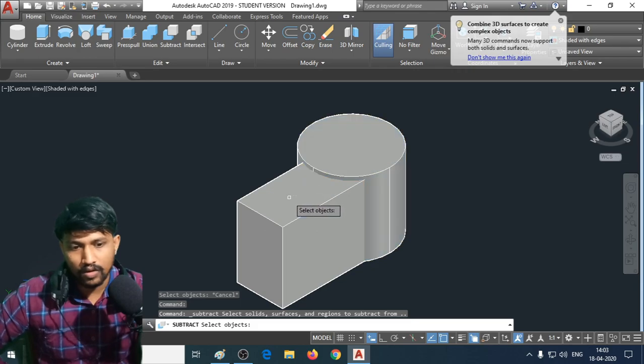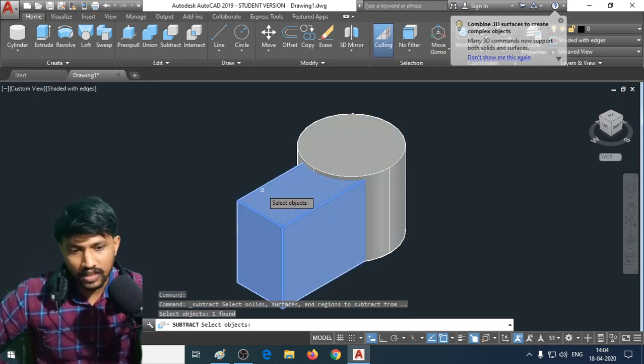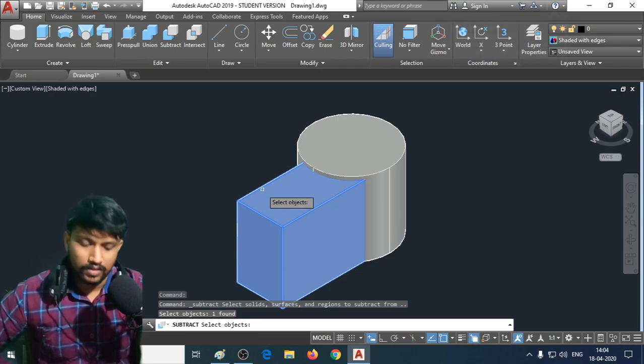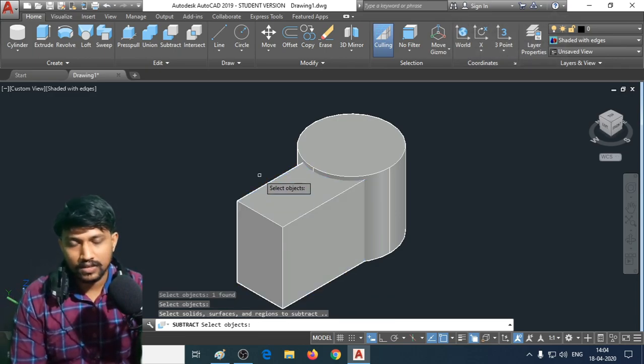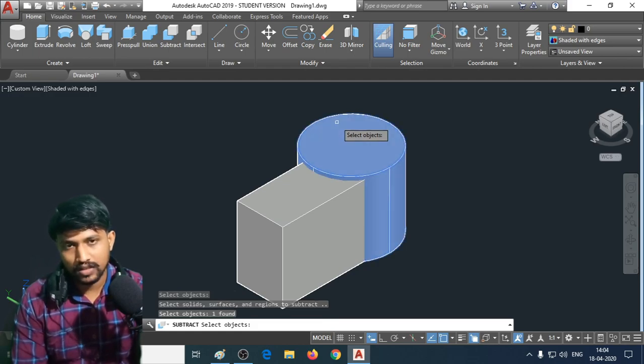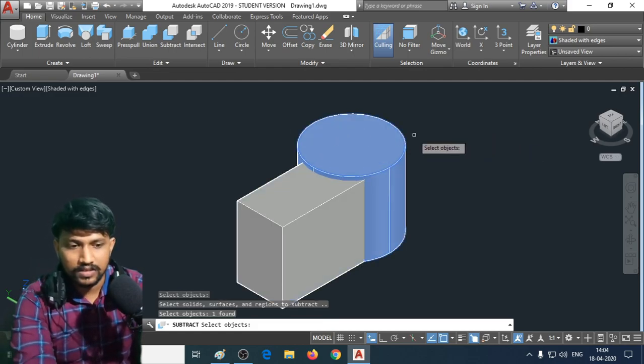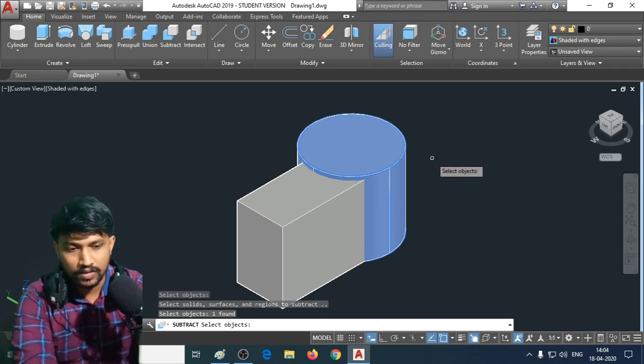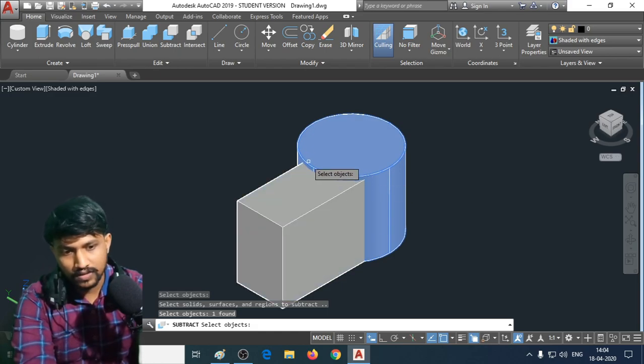I want to keep this rectangular portion here, so I'm going to select this one, press enter, and then select this cylinder. Whatever portion of the cylinder is interacting with this rectangular surface will be removed.